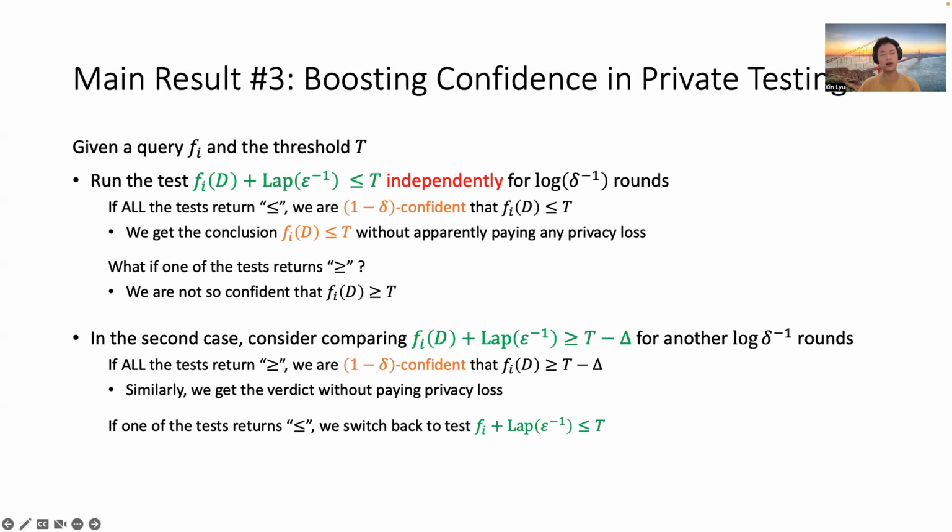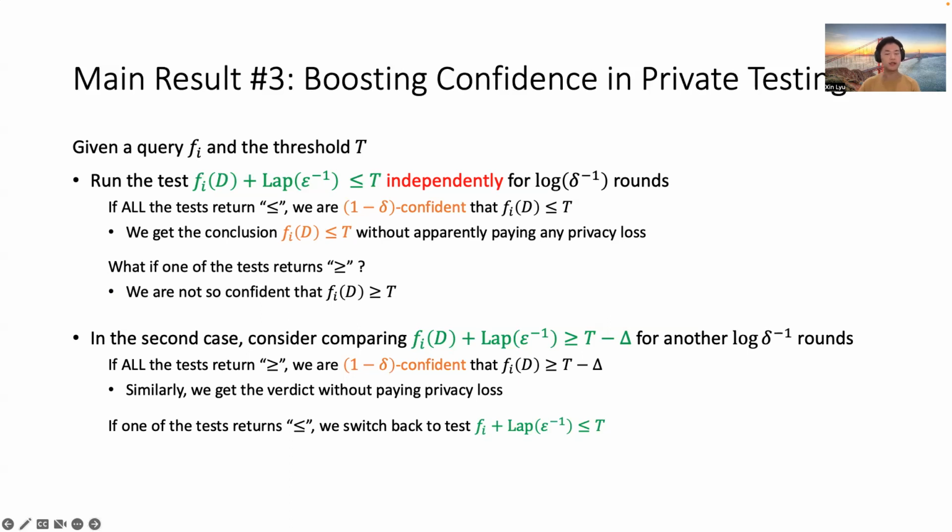To verify this inequality, we consider comparing f_i plus noise versus t minus delta for another log 1 over delta rounds. Here similar reasoning goes. If all the tests return greater than, we are at least 1 minus delta confident that f_i is at least t minus delta. Similarly, we get the verdict without paying privacy loss.